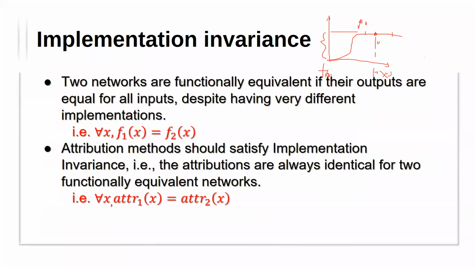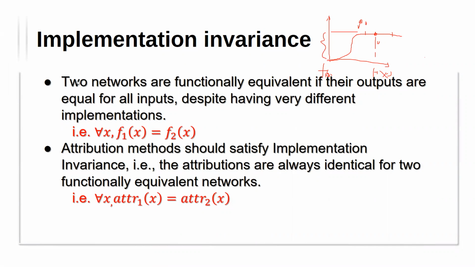And then let's look at implementation invariance. Here we have two definitions. The first definition is for functional equivalence: if two networks share the same output for all inputs, then they are functionally equivalent.